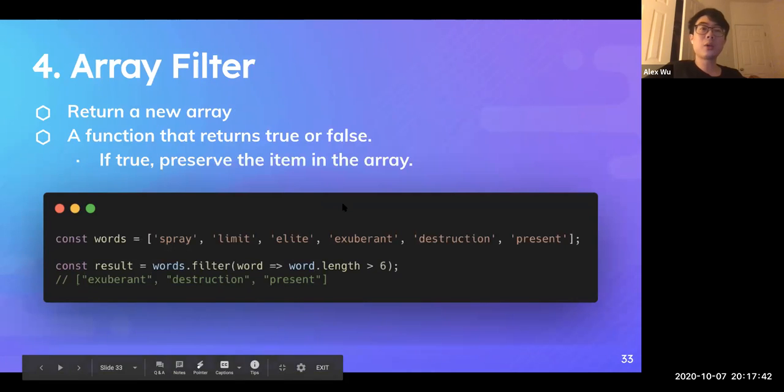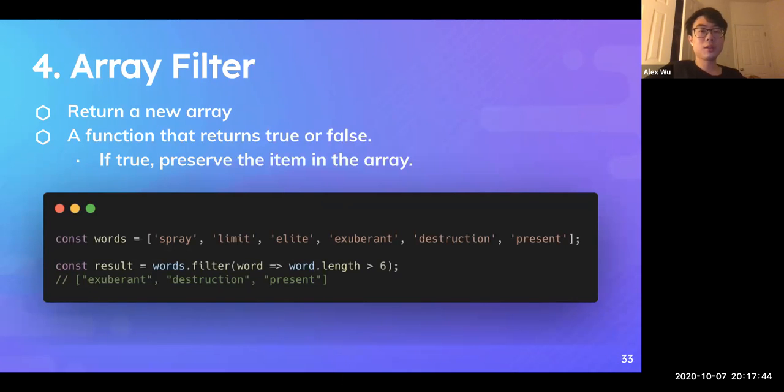Yeah, so there's also the array filter method. It's essentially a way to filter out some elements that don't fulfill some condition. And it also takes in a function. Here the function has always been a lambda function, but it can also be a normal function. Here it's essentially saying we look at each word, and if the word length is larger than 6, we will preserve the word.